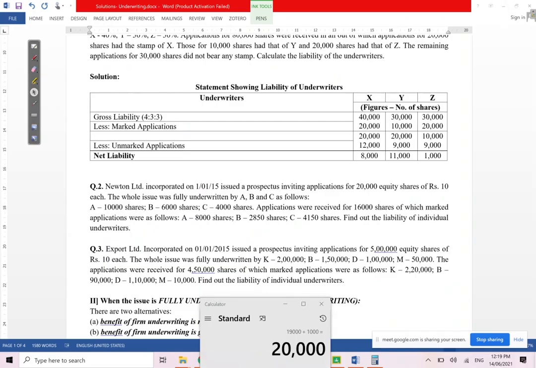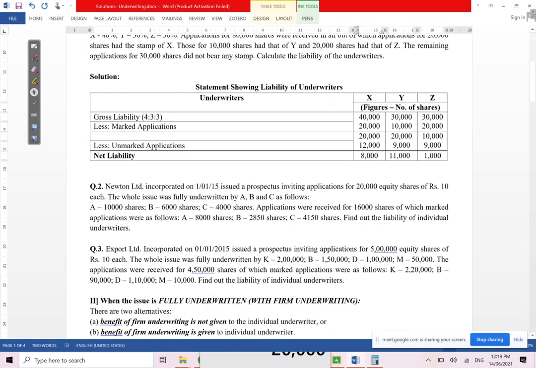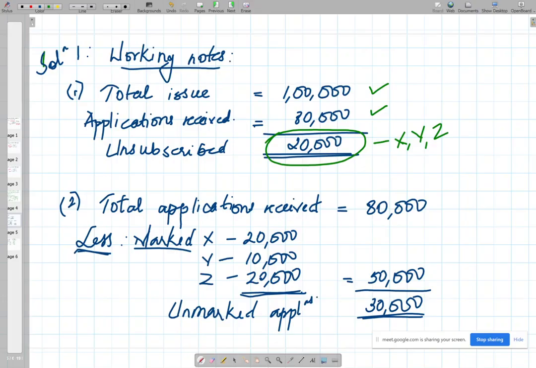Now how much does each one have to take? That we have got over here in the net liability. Have you seen? 8 plus 11 plus 1. How much does it give you? 20,000 shares, which means that the solution is correct, because this net liability is equal to the undersubscribed portion of the shares, this 20,000.